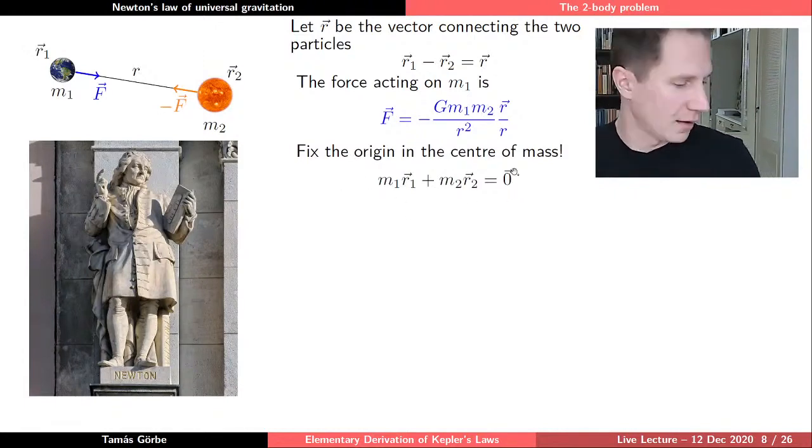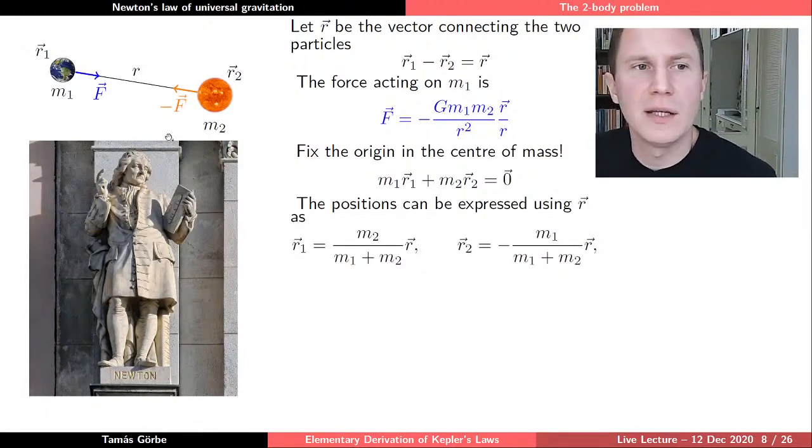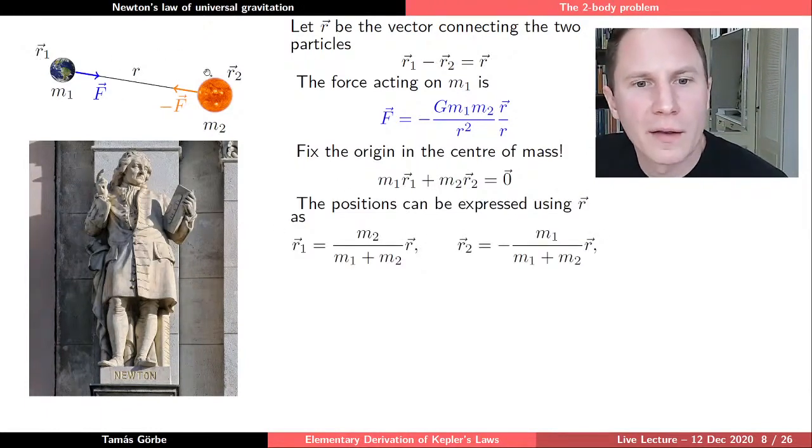If I have this specially chosen coordinate system, I can express these two vectors r1 and r2 using this vector r.